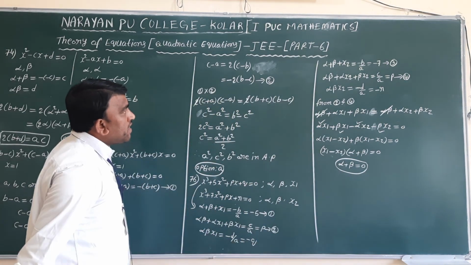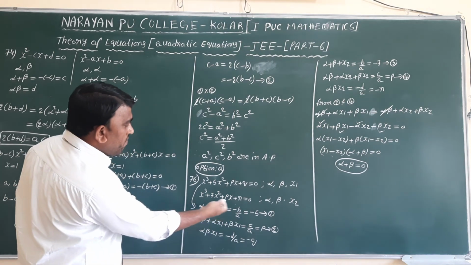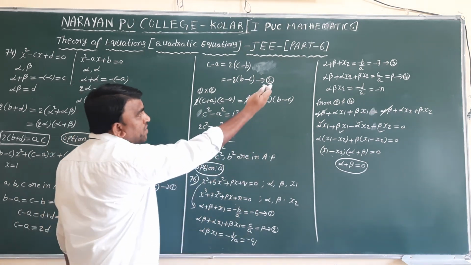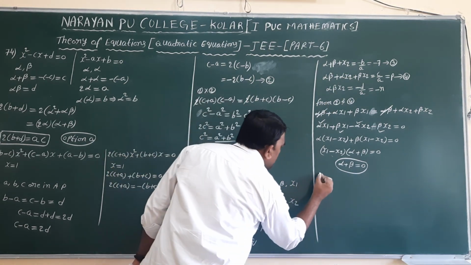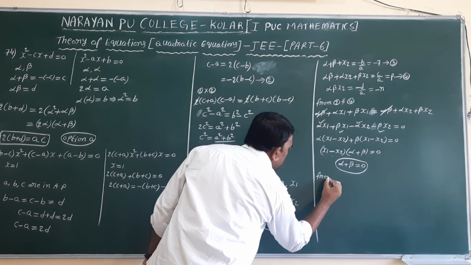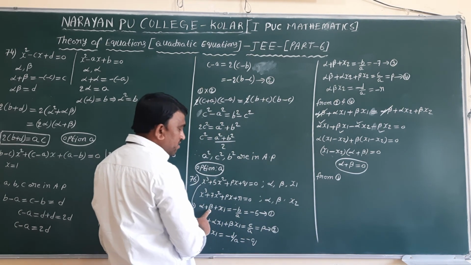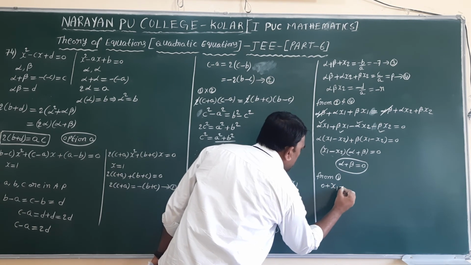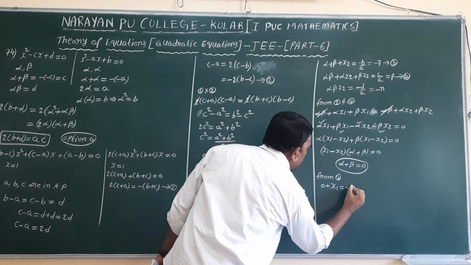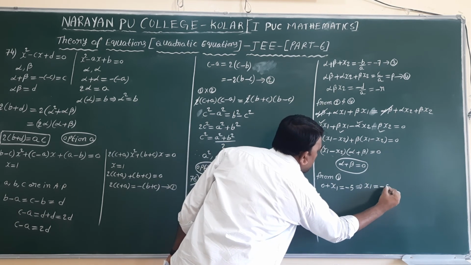Substitute alpha plus beta in equation 1 and we will get the x1 value. Substitute alpha plus beta in equation 3 and we will get the x2 value. From equation 1, alpha plus beta is 0, so directly 0 plus x1 equals minus 5, which implies x1 equals minus 5.